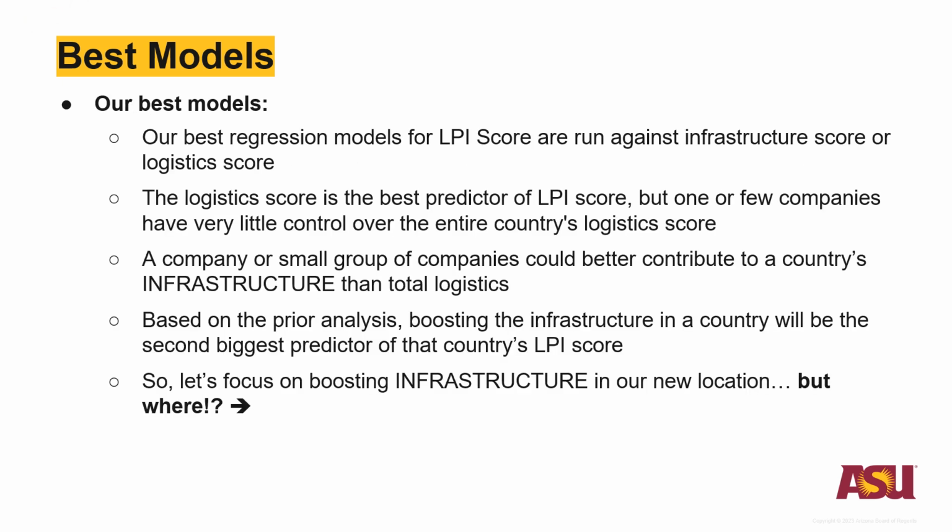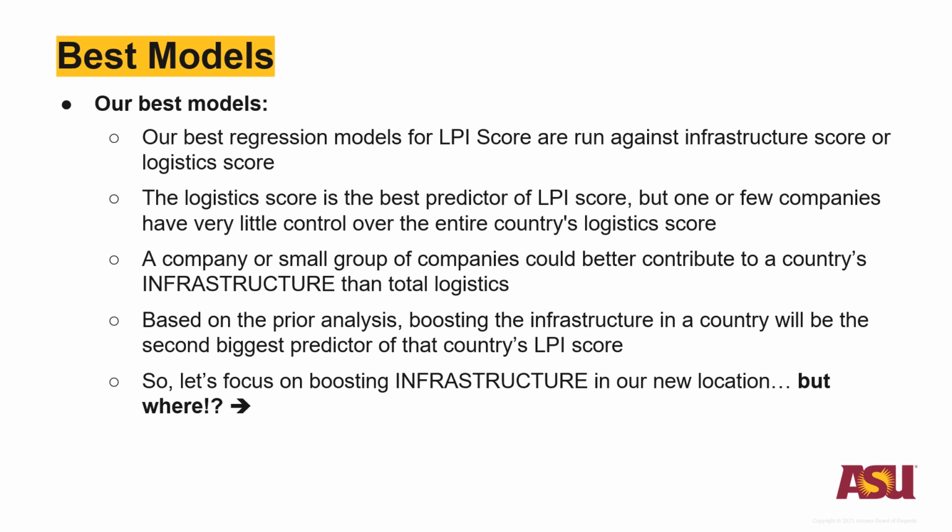Now, we've determined our best regression models for LPI score are when run against either the infrastructure score or the logistics score, but not both. The logistics score is the best predictor of LPI score, but one or few companies have very little control over the entire country's logistics score.